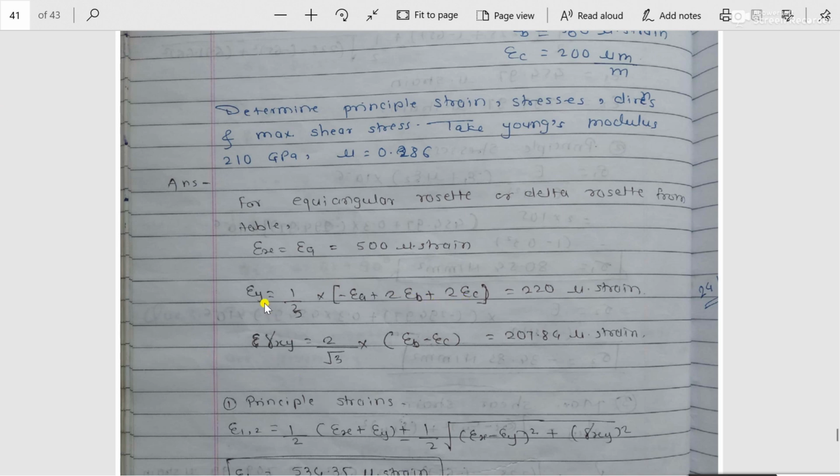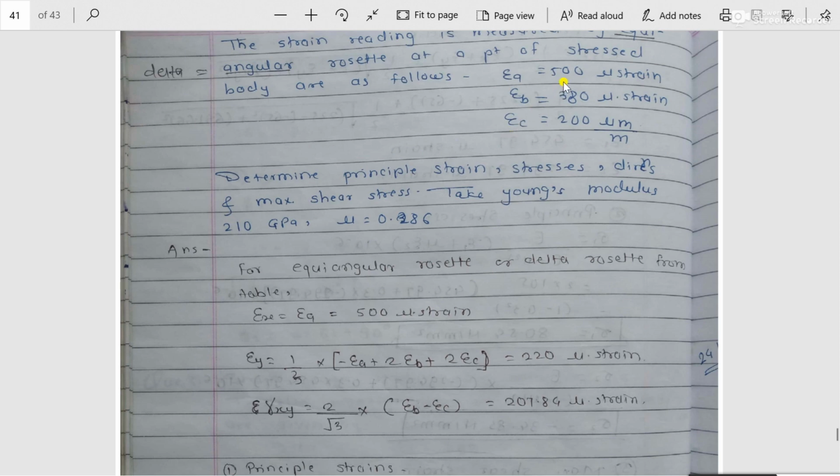So to calculate the value of epsilon y, the formula is given. In this formula, 1 by 3 is the constant parameter, so you can write it as it is, minus epsilon A. So here the minus sign is there, but the value of epsilon A is given as only 500, so we have to take here minus 500 plus 2 into epsilon B. So 2 is as it is, into epsilon B is also given, that is 2 into 380 microstrain we have to put here, then plus 2 into epsilon C. Again 2 is the constant parameter, we have to keep as it is.